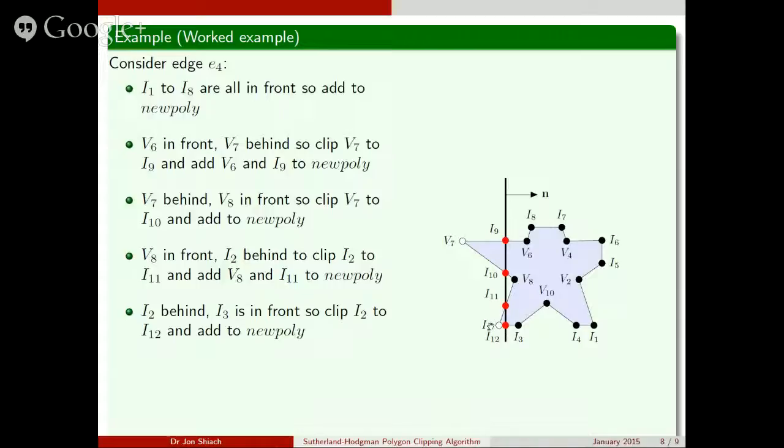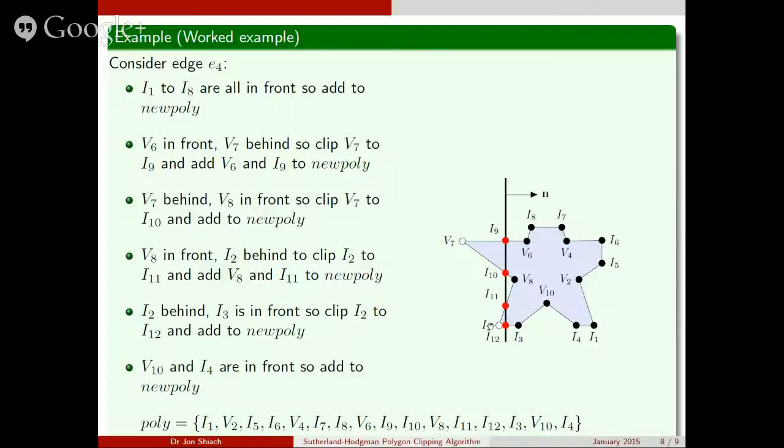And our final polygon list is that at the bottom. It's a mixture of original vertex coordinates, so V2, 4, 6, 8, and 10 have all remained unclipped, and the odd vertex coordinates have all been clipped to I values.